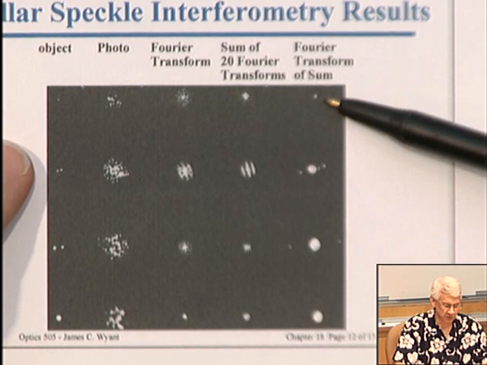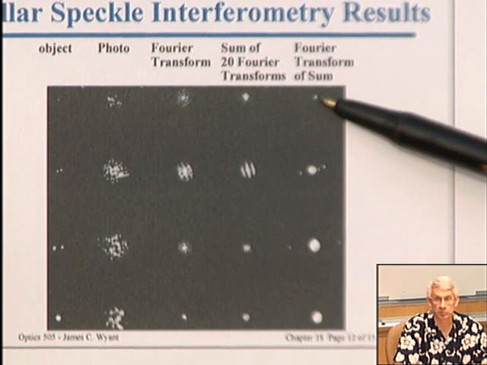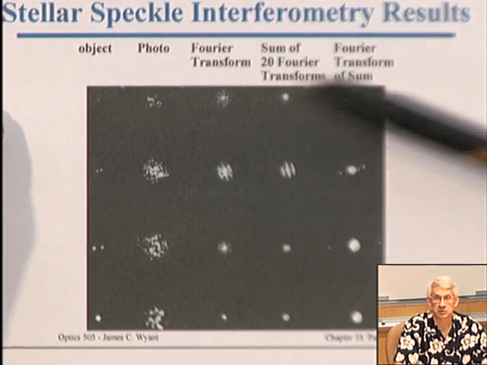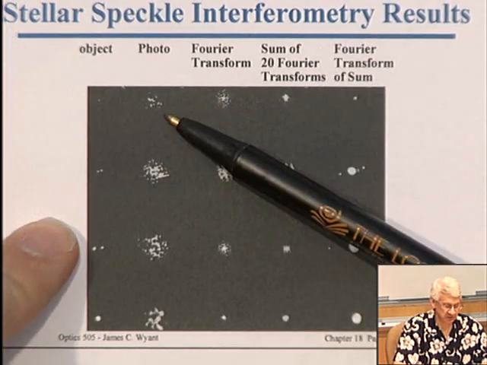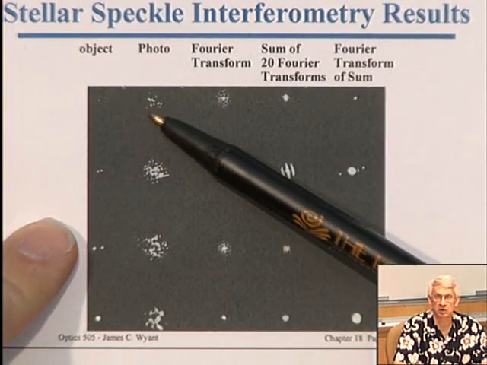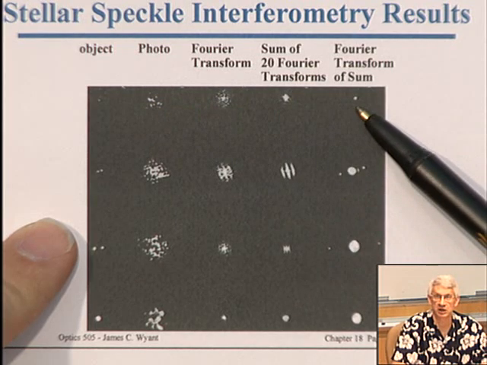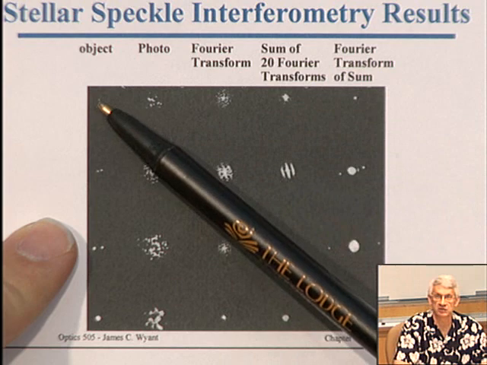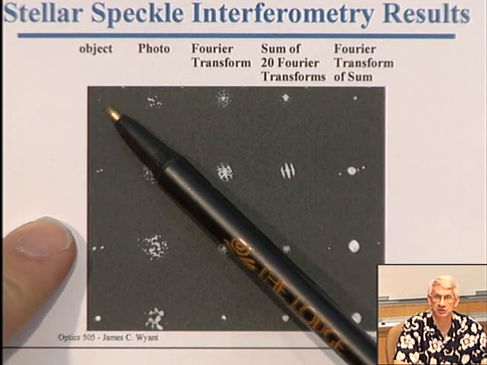And then the Fourier transform of the sum. So you see a single point gives a single point image in the process. Okay? So what you receive out of each photograph of the star through the telescope is this distorted image, but it's really this little point object. But that's the autocorrelation of this. So it's a little bit larger than the object itself, maybe a factor of 2.